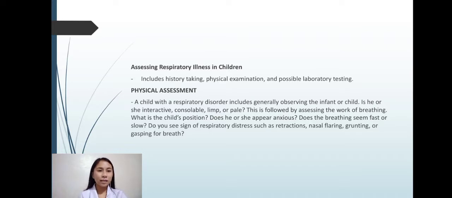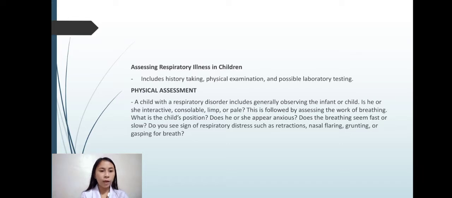The physical assessment of a child with a respiratory disorder starts with a general observation of the infant or child. Is he or she interactive, consolable, limp, or pale? When we say interactive, we mean how alert the baby is, looking around, distracted, or interested in playing.